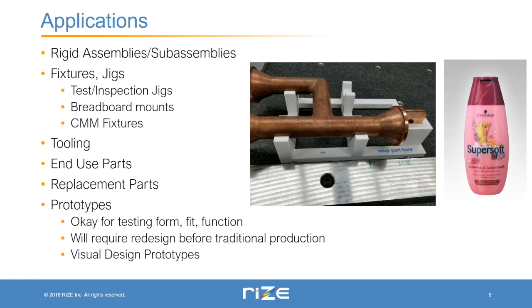Some of the best things to use it for are fixtures or jigs, and some of these can include test or inspection jigs, breadboard mounts, or CMM fixtures. Some other things that it's useful for include tooling, end-use parts, and replacement parts. The main thing that all of these share is that they're all the final use of the part that you are producing.